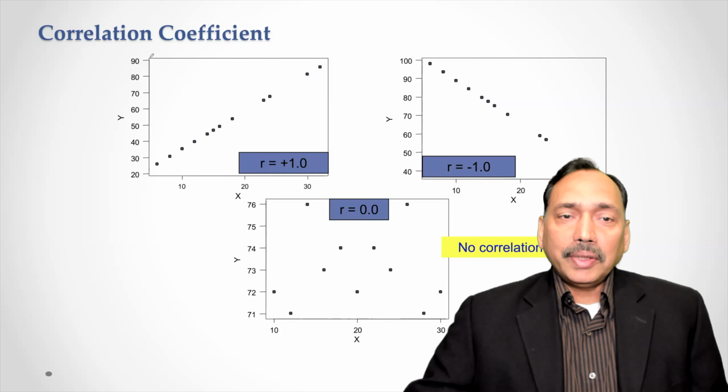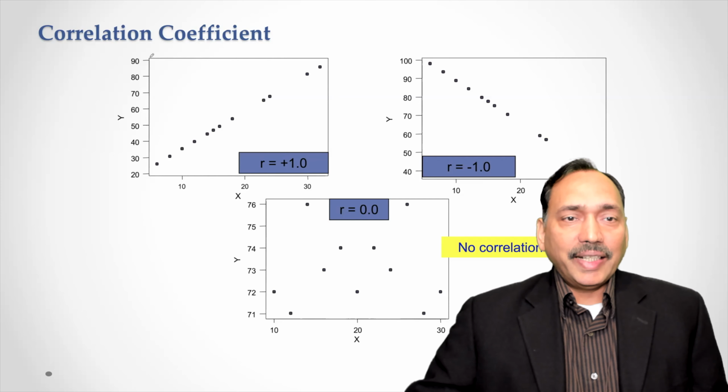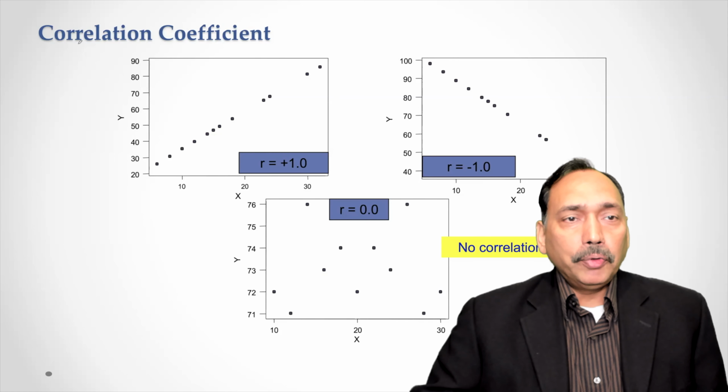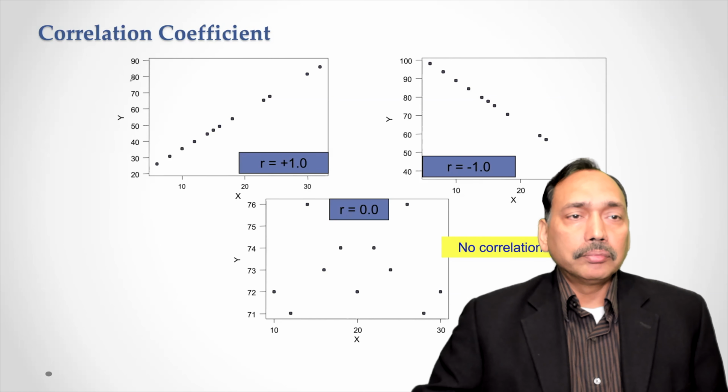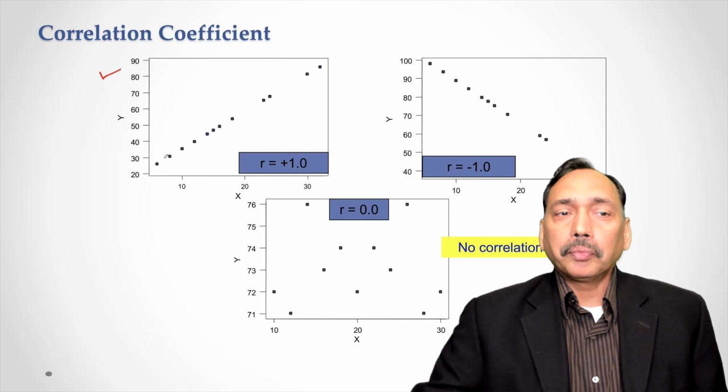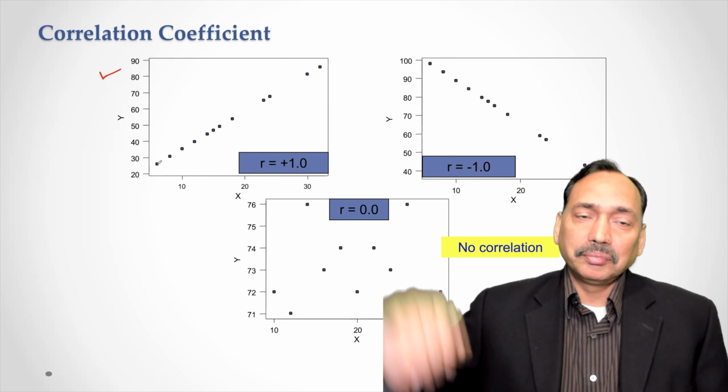It may not happen in real life or real data, but this is a situation more from a theoretical point of view. So if you look at this first plot, and if we were to draw a straight line passing through these dots, we'll find that all these dots are exactly on the straight line.